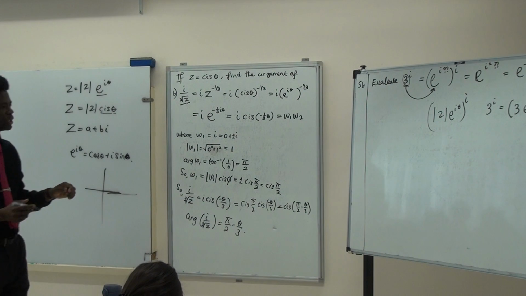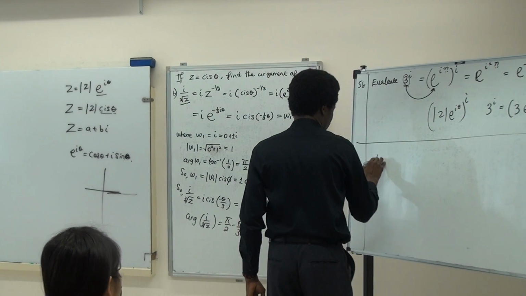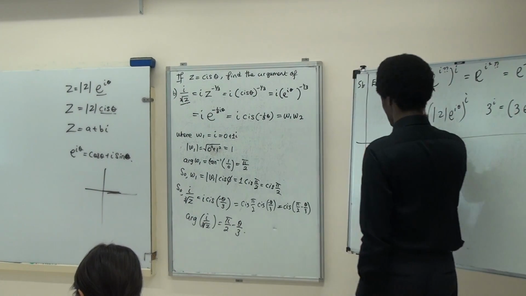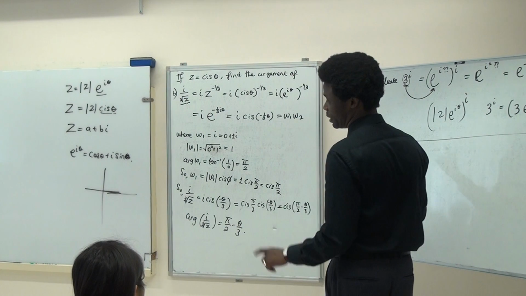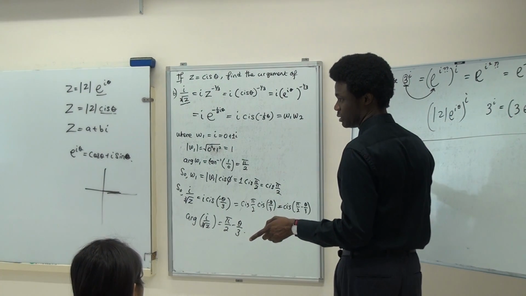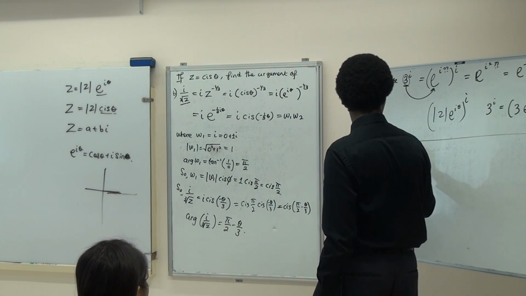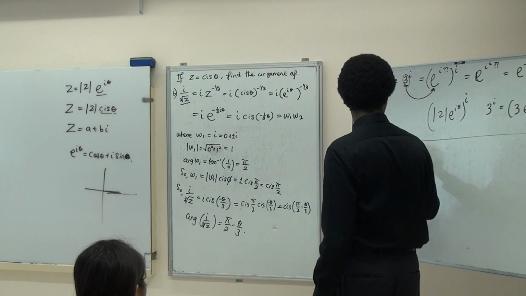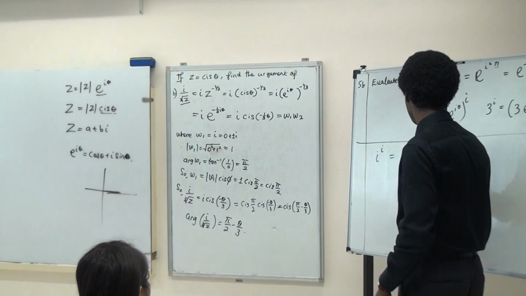This is what I'm trying to tell you here, which of course does not work for the case of real. If you have i raised to power i, then this is useful. If you have i raised to power i, your argument will be 90. You agree? For i. So that becomes exponential i theta will be i pi over 2, then raised to power i. That's the principle I'm trying to explain here.